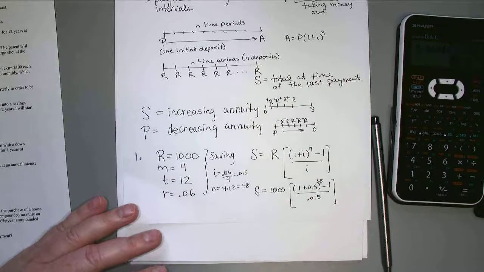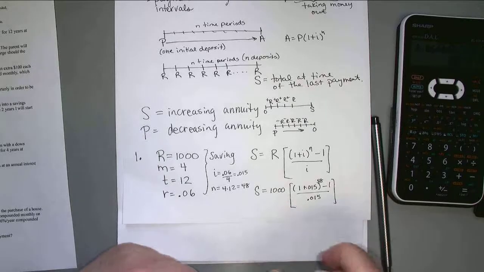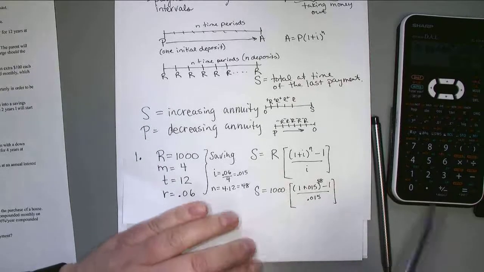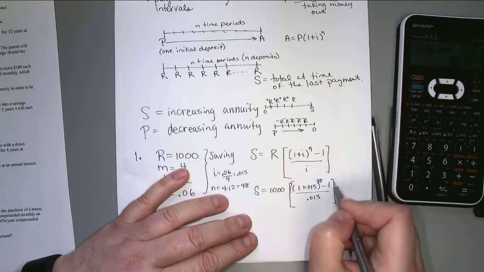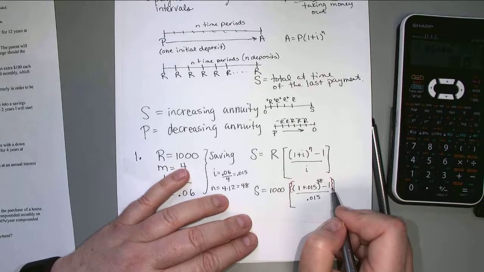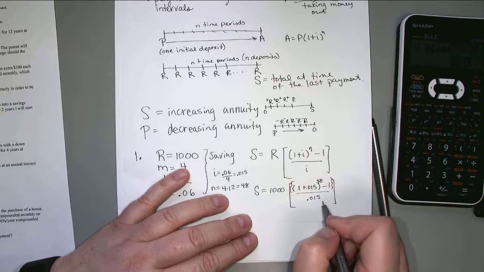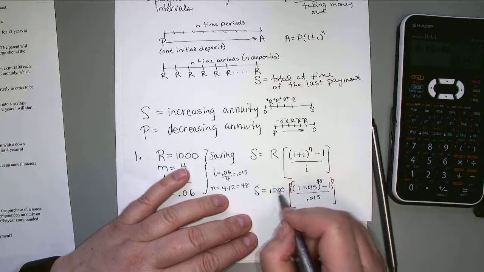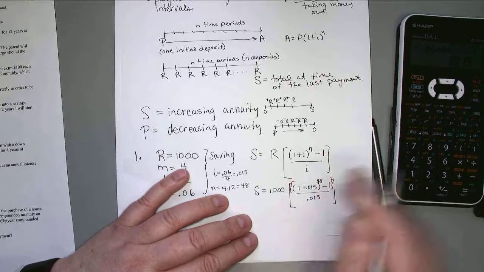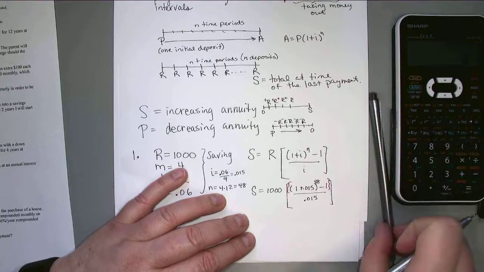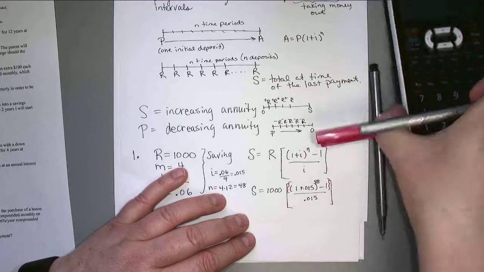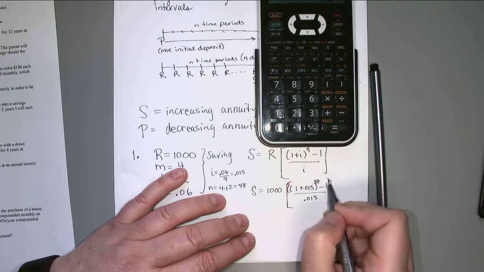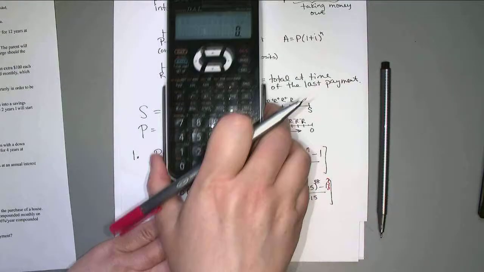So, to do that, what I usually do is this top first, okay, and I get that answer, and then hit divided by, times this. So I just multiply this at the end. You can put it at the beginning, but you do need to have brackets if you do that. So what I usually do is get this number and hit equals. Okay.